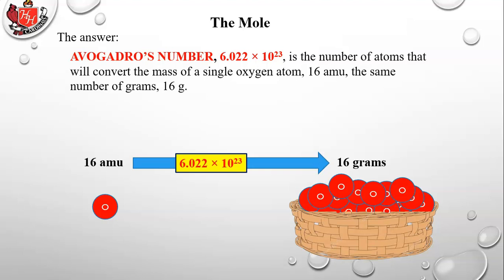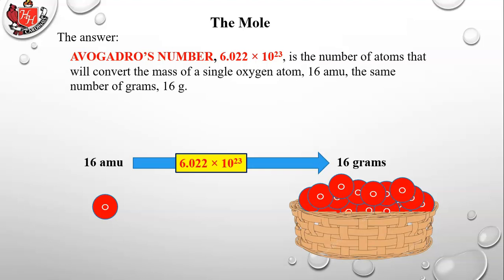So there goes our question mark, and here comes our answer. If you take one oxygen atom at 16 atomic mass units, and now you multiply that by 6.022 times 10 to the 23rd, so you have that many oxygen atoms, then the mass will be 16 grams, something that we can actually measure on a scale. So again, the significance is if we weigh oxygen and we see that we have 16 grams, we'll know exactly how many oxygen atoms we have. 6.022 times 10 to the 23rd, a number that's so big we couldn't possibly count it.